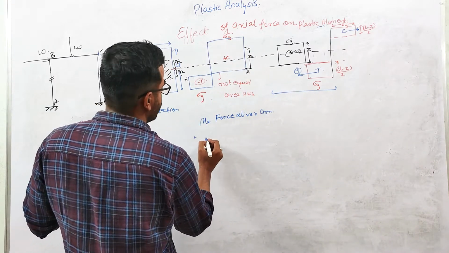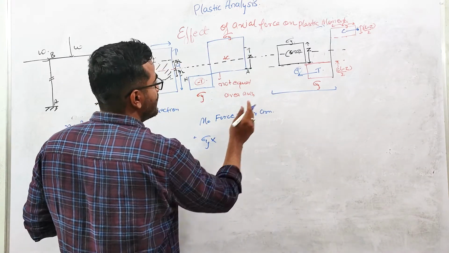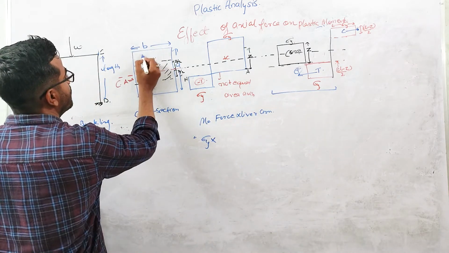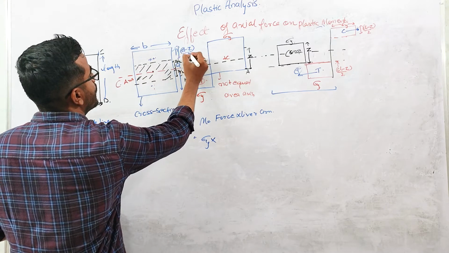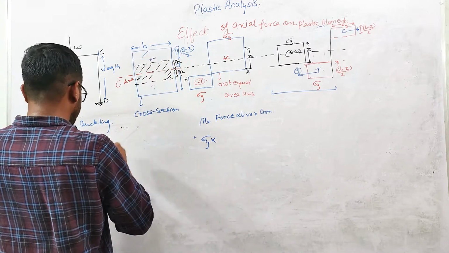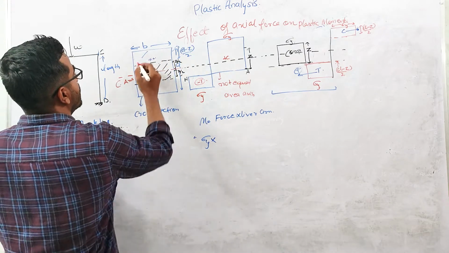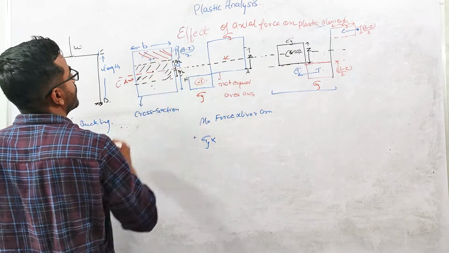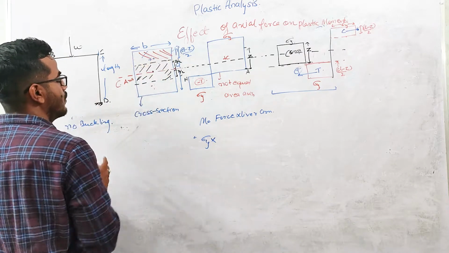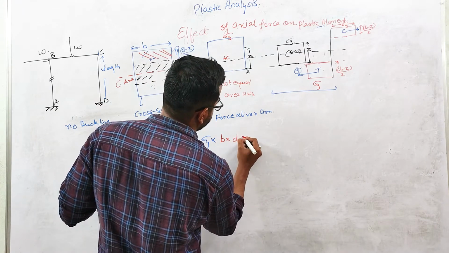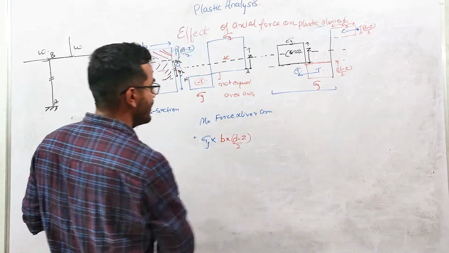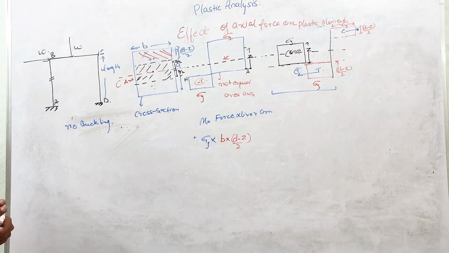Total force will be sigma y, and this sigma y is acting on which cross section? This B into (d minus z)/2. On this cross section the sigma y is acting. So total force will be sigma y into B into (d minus z)/2. There should be no doubt in this.